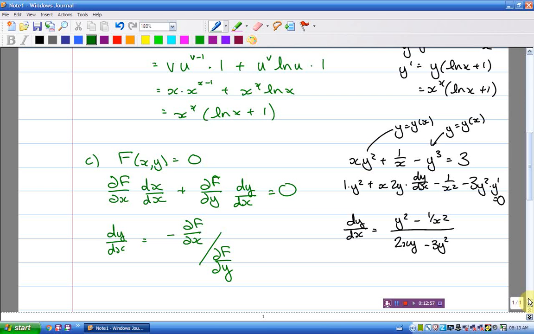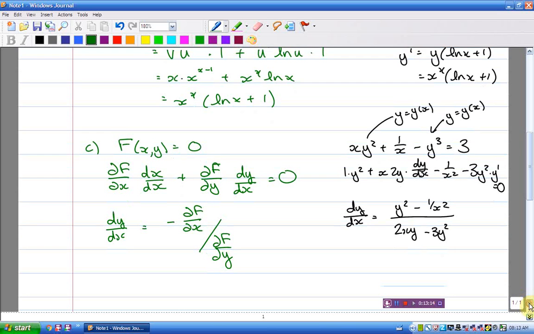And so I end up with that rather odd little situation of having a dx by dx. But that just is one. It says, how does x change when x changes? Well, it's the same. The change in x is the same as the change in x. So dx by dx is just one. Okay, it is rather odd. We don't normally end up with expressions like that.